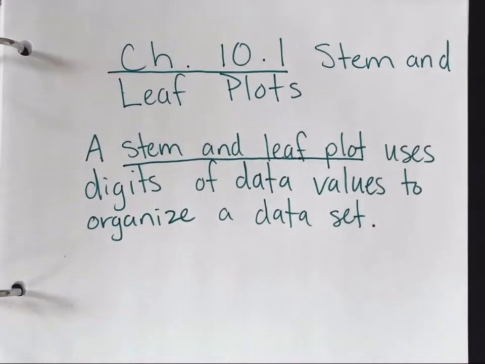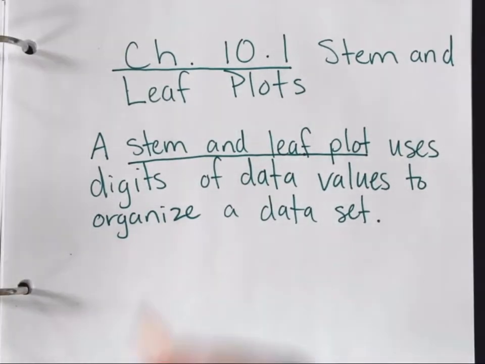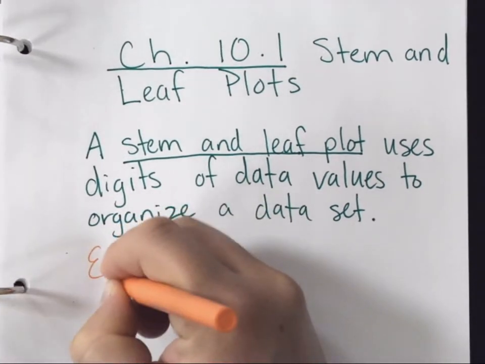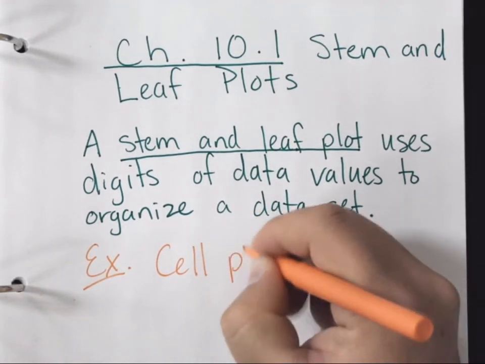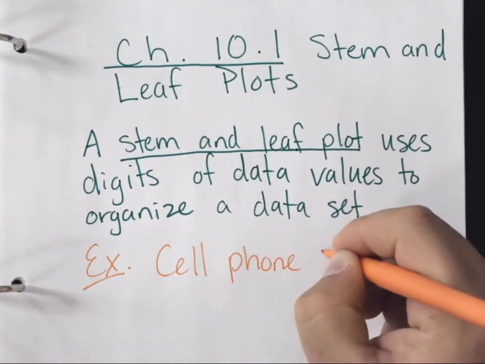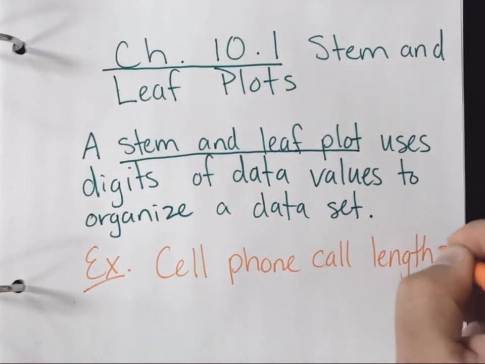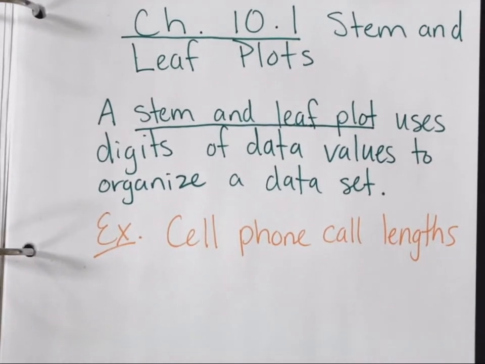Okay, so for example, I'm going to give you the example in a different color here. If we have cell phone call lengths, we have a data set that gives us a variety of different lengths of phone calls.